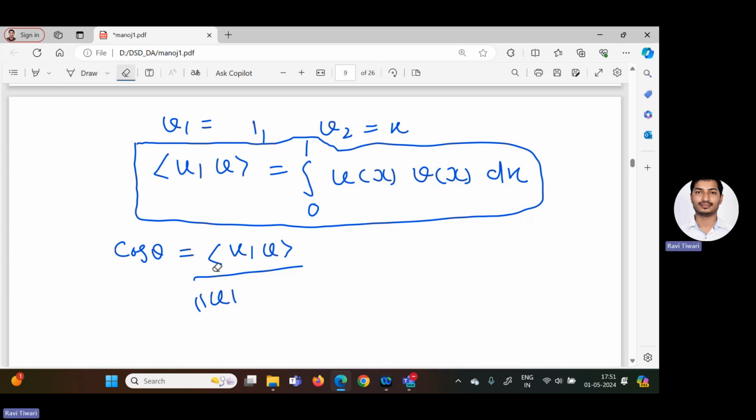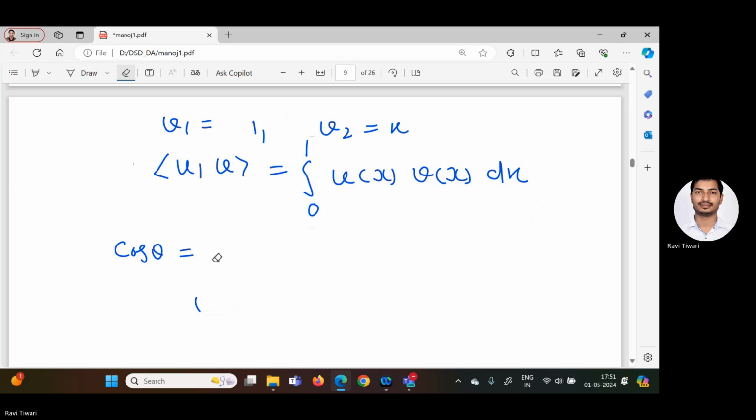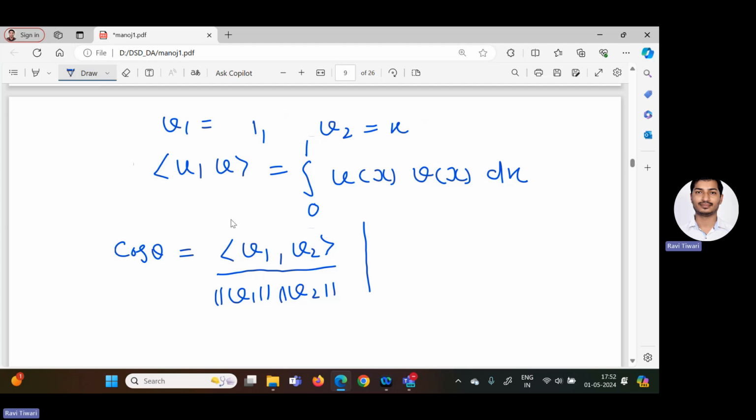So cos theta equal to the inner product of v1 comma v2 divided by norm v1 into norm v2. So how to calculate norm v1 and v2? Because this time the inner product space is given in this form.